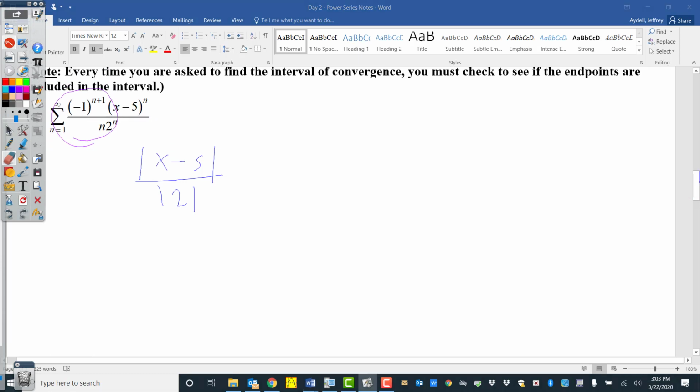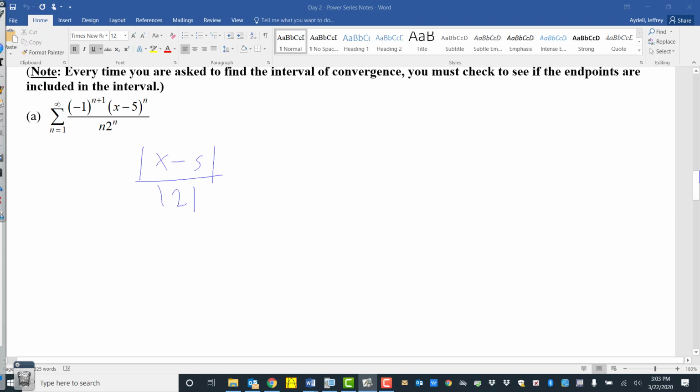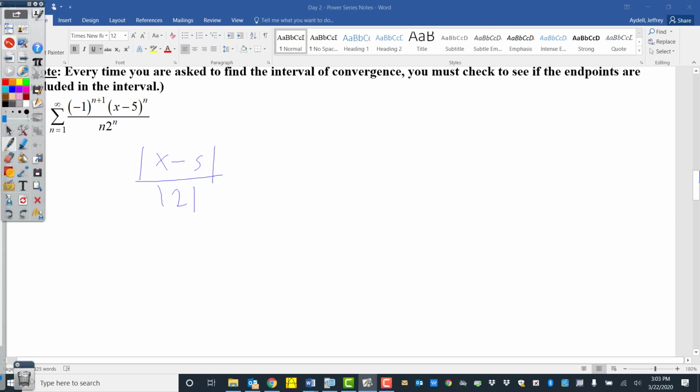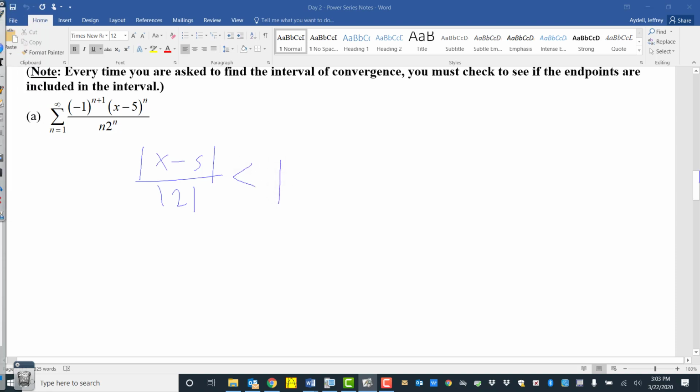So now what we're going to do is treat it like an inequality. We're going to take this and set it less than 1, and then we'll solve it. So right now we have the absolute value of x minus 5 is less than, well, the absolute value of 2 is just 2, and to get that away, we just multiply by 2. So this tells us a few things.